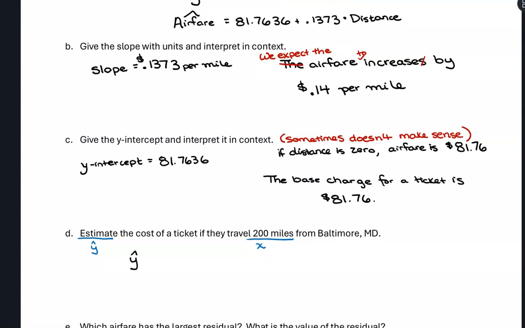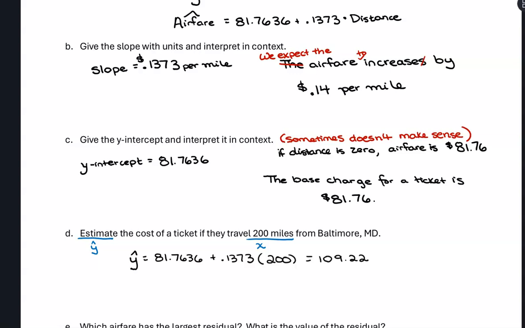So y-hat is equal to 81.7636 plus 0.1373, and then for distance, we're plugging in 200. Then from there, we go to a calculator, and that should be 109.22.